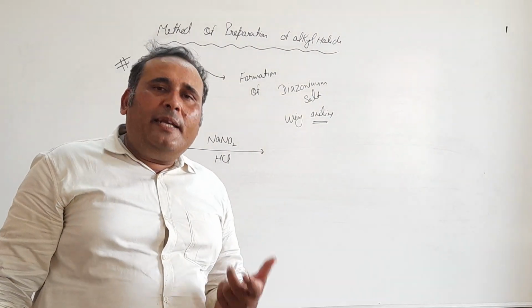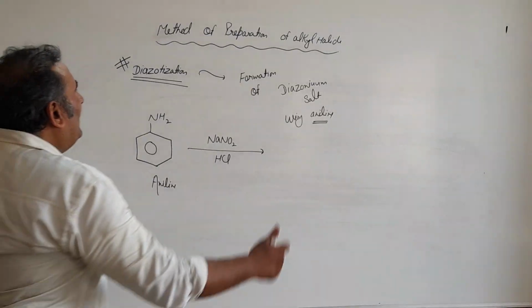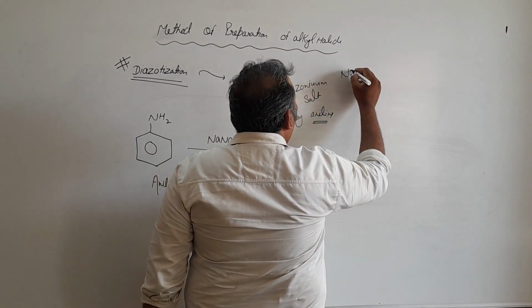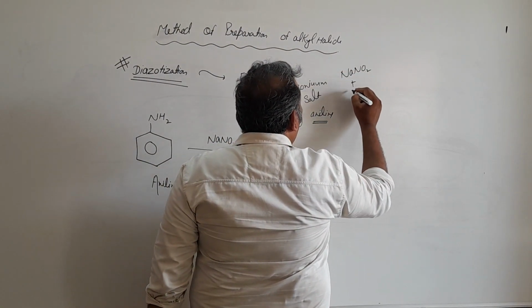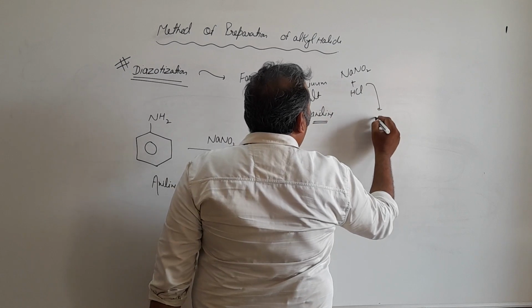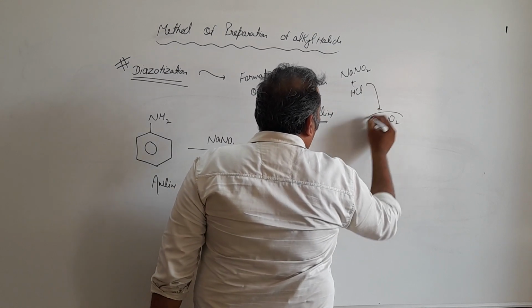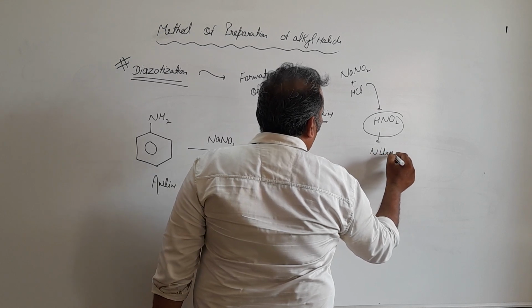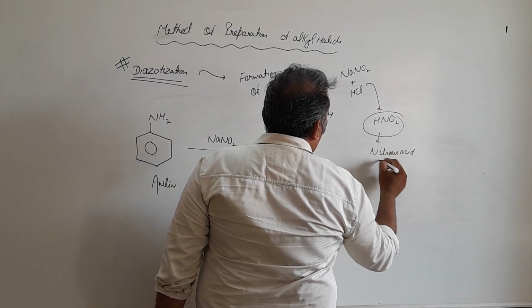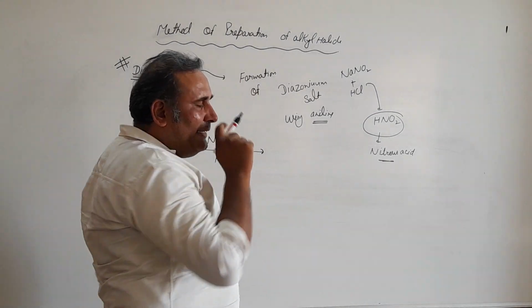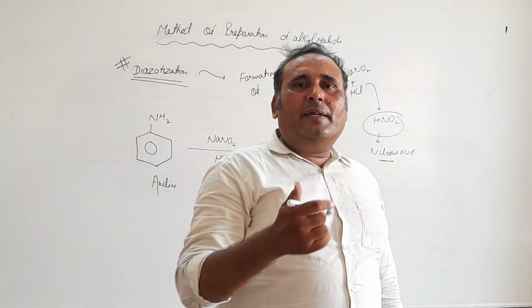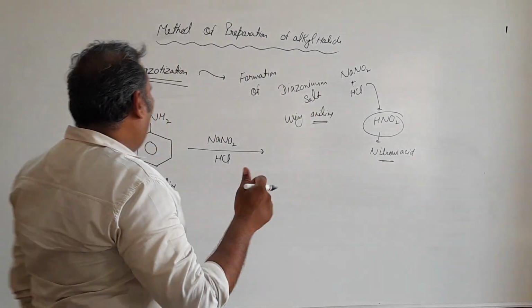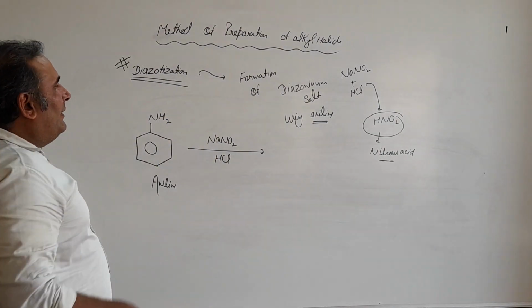Why are we taking NaNO2 plus HCl? Because NaNO2 plus HCl will give us HNO2, which is called nitrous acid. Nitrous acid is sometimes unstable, so we cannot put it directly into the aniline mixture.